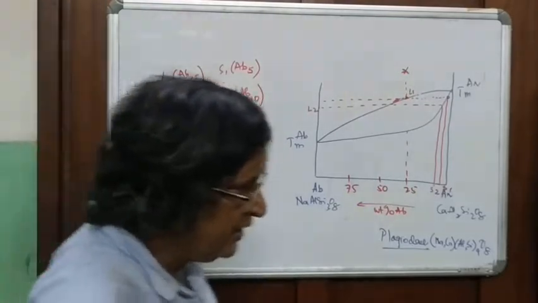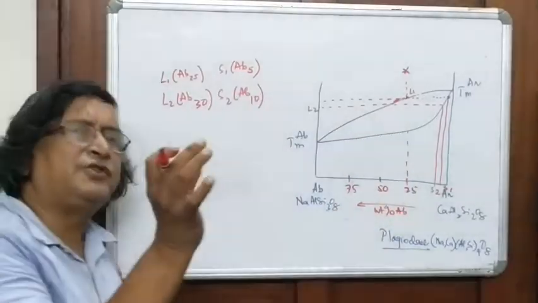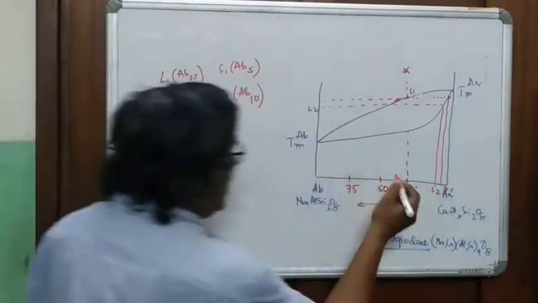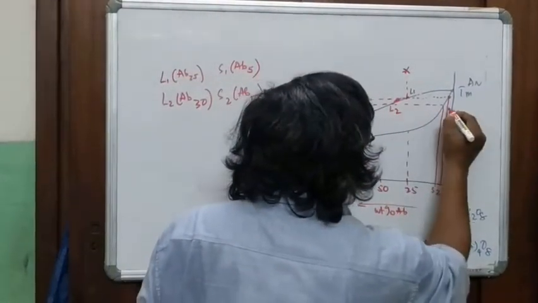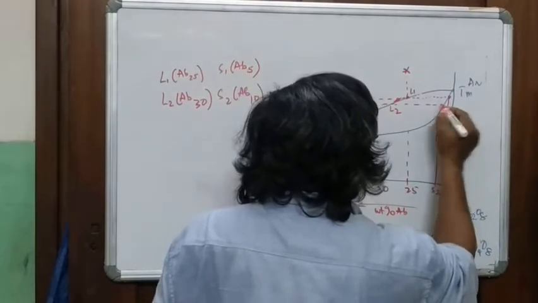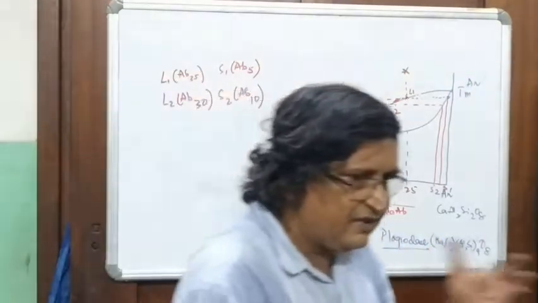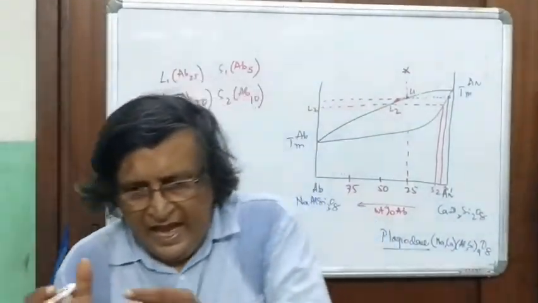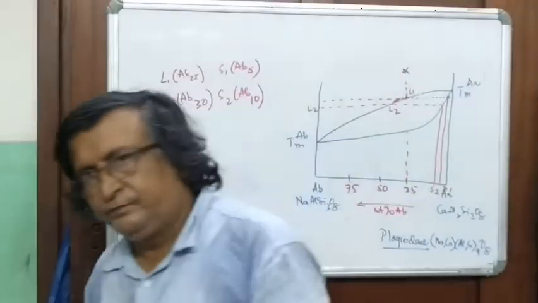Now the important thing is, imagine a situation where this crystal, say S1 or S2, let's take here, this is L2 and this is S2. Now let's say by some mechanism, and we will talk about this mechanism, S2 crystals are physically removed from the melt.